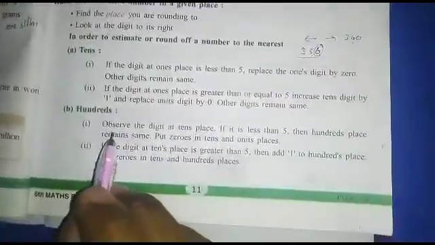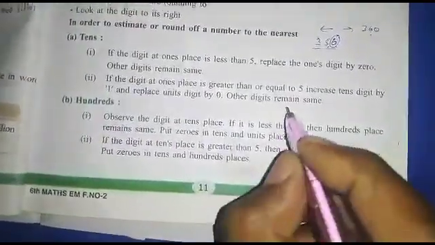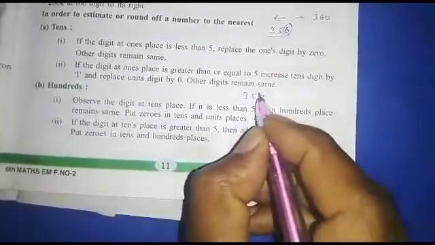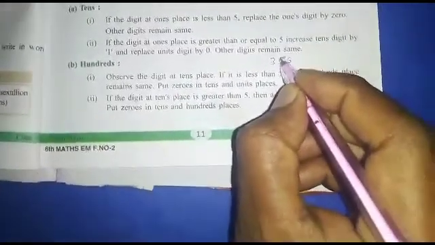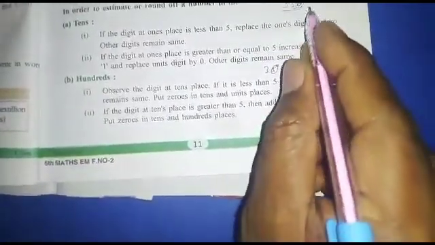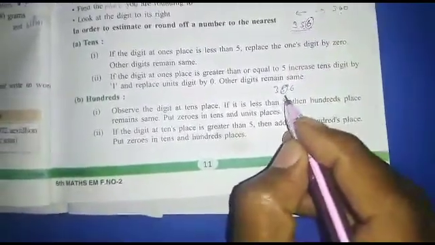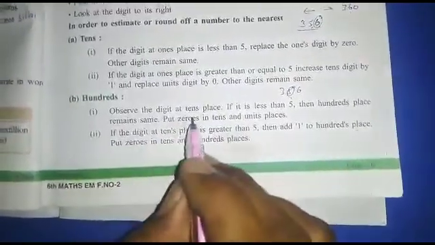And next, hundreds is also the same. When I observe the hundreds place, I observe the digit at the tens place. This is 356. Before, for tens, you observed the ones place, and for hundreds you observe the tens place. Observe the digit at the tens place.